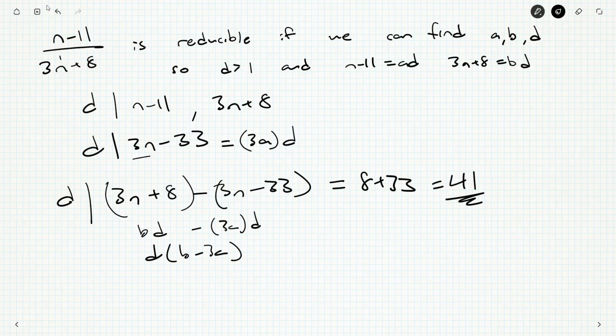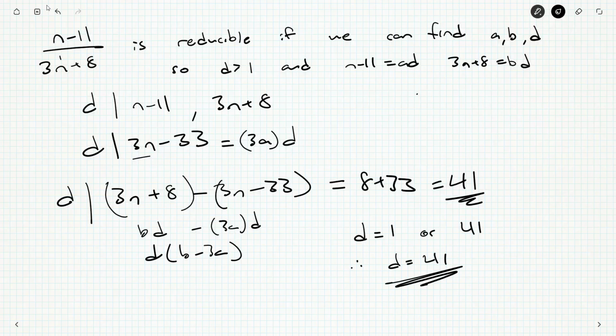That's critical here. 41 is prime, though, so d is 1 or 41, so I'm going to say d is 41. We need d to be 41.